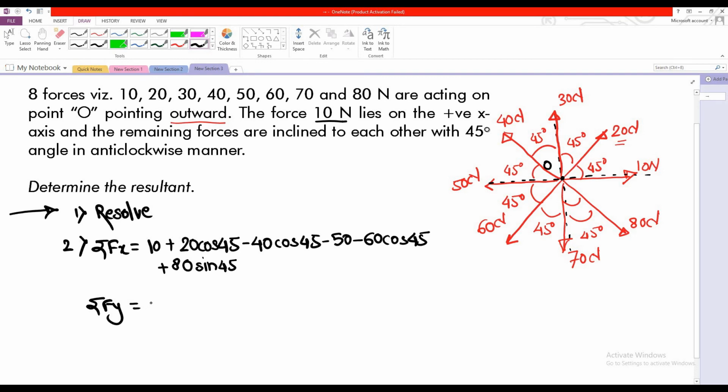First let's write down the statement, then we will calculate. fy is going to be 20 sine 45 plus 30, then plus 40 sine 45, then minus 60 sine 45, minus 70 is going to be there, right, and minus 80 sine 45.